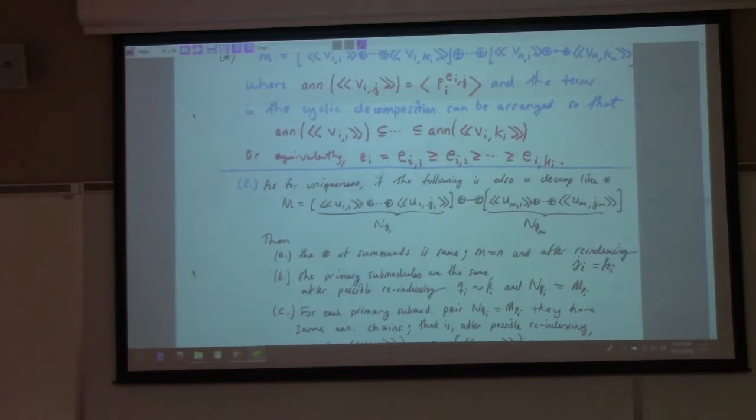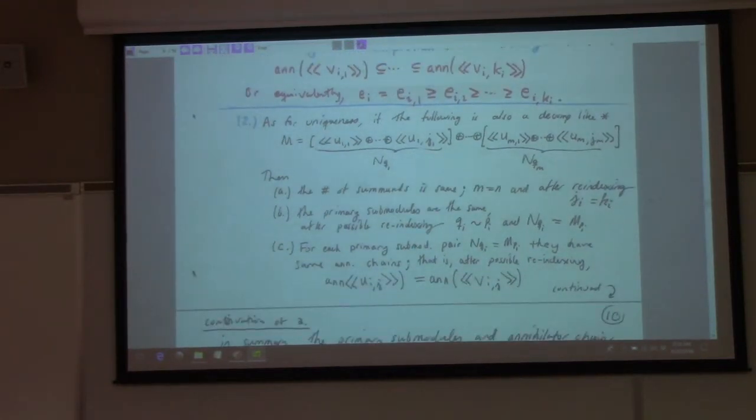You get the same number of distinct prime factors, and the chains for each prime factor have to match up. That's the uniqueness. And furthermore, if you take two torsion finitely generated R modules, finitely generated, there you go. That was up here, wasn't it?